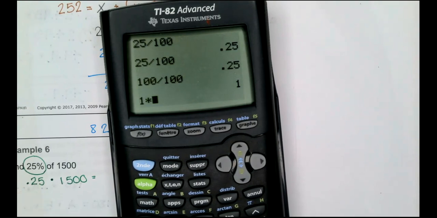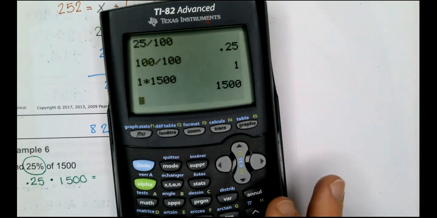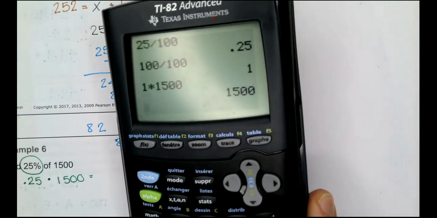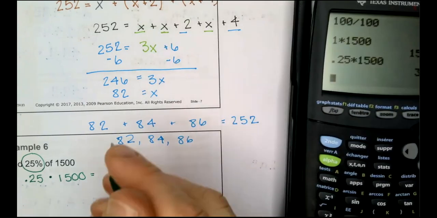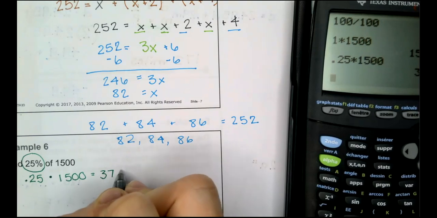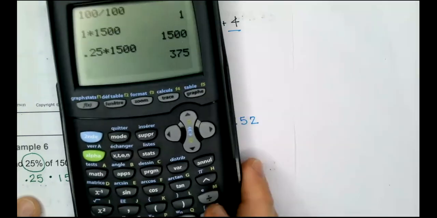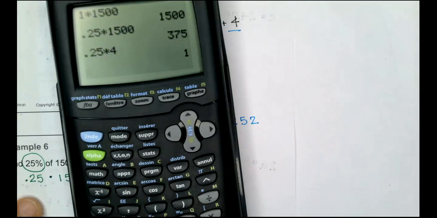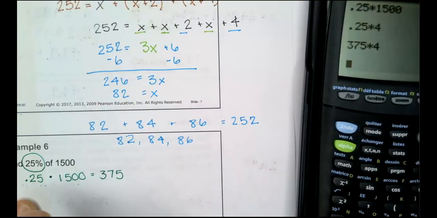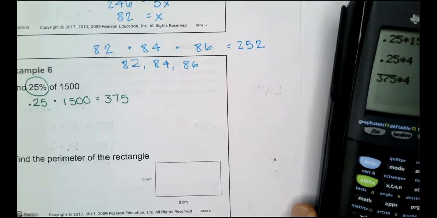And 1 times 1,500 is just going to give me that same 1,500. So that's your proof. Whereas 0.25 of 1,500 is 375. 0.25 times 4 will give me my 1 whole, right? So 375 times 4 should give me back my original number. But that's how you do a percent.